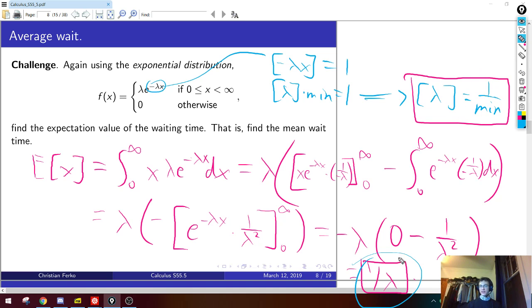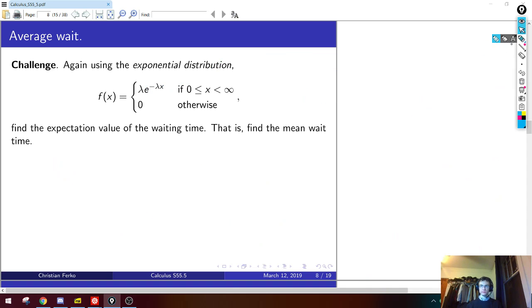It's as though we were trying to compute a time and got 1 over hertz, which is 1 over seconds, which is a time. So we're in good shape; the units work out. But that's a side remark. Other thoughts on average waiting times or units? Nope. Good. All right, more.